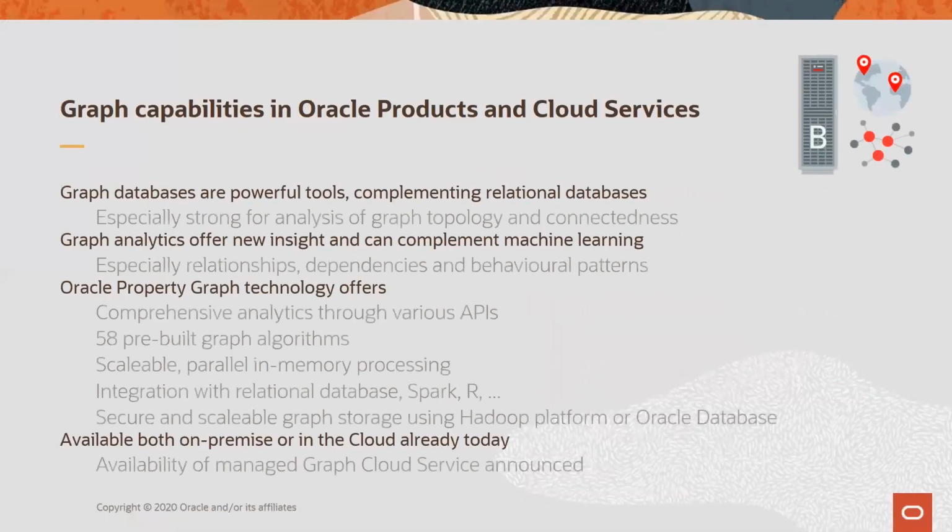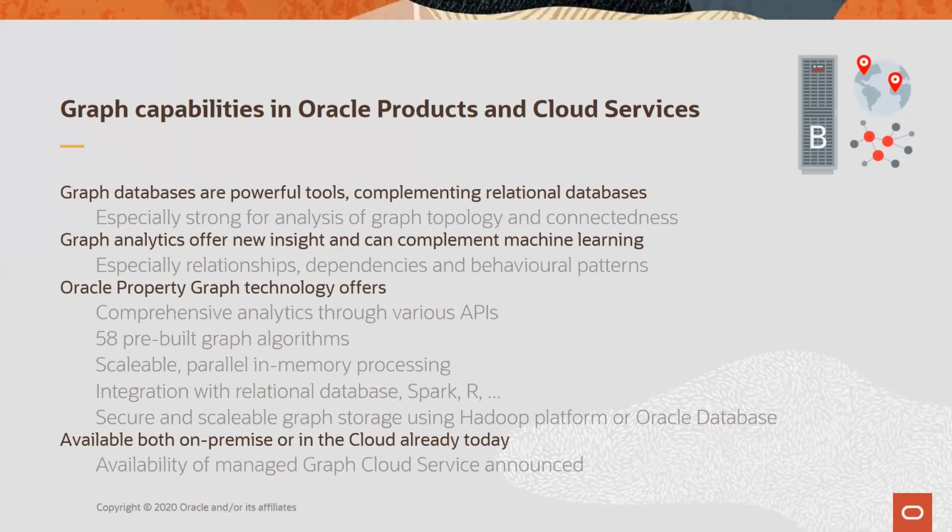In summary, I hope I've given you a little bit of an idea of what graph databases and graph analytics can be used for. Right? These graph databases are not designed to replace every relational database on this planet, but they are particularly good at analysis of any data sets in which connectedness, or in the technical sense, graph topology, plays a role.